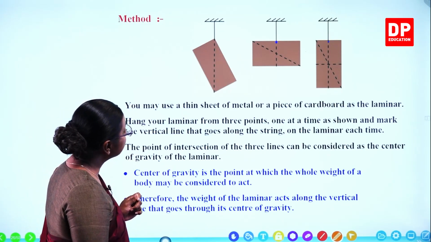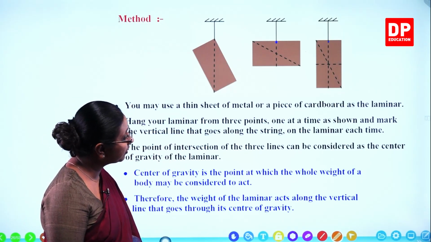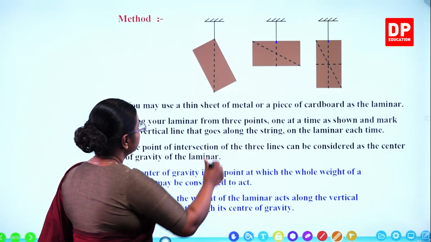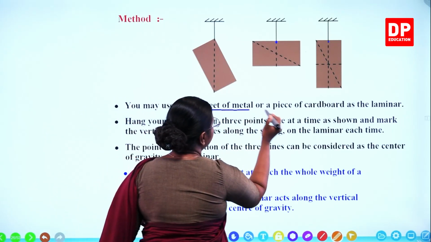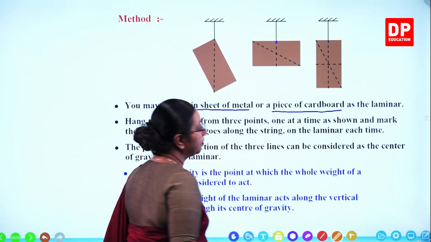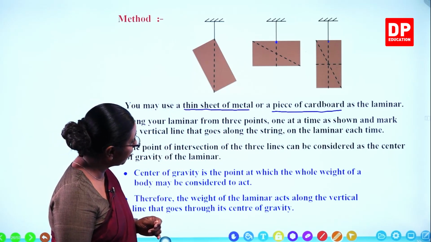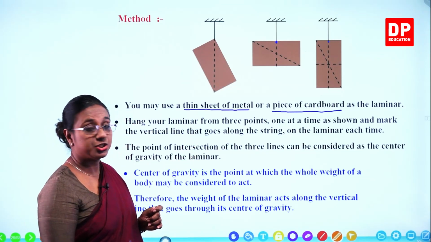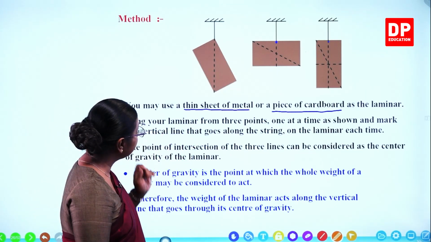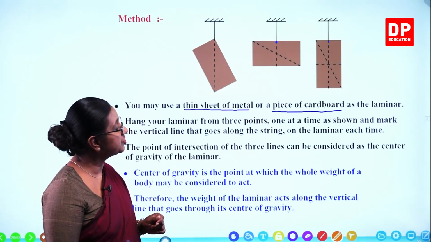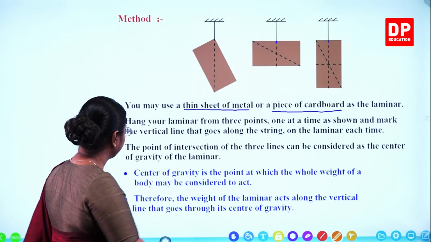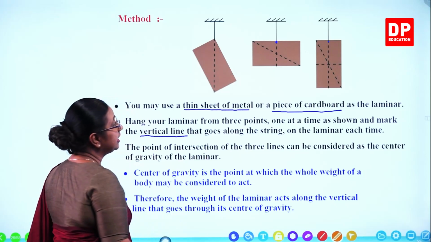You may use a thin sheet of metal or a piece of cardboard as the lamina. Hang your lamina from 3 points, one at a time as shown, and mark the vertical line that goes along the string on the lamina each time. So we need to mark the vertical line.